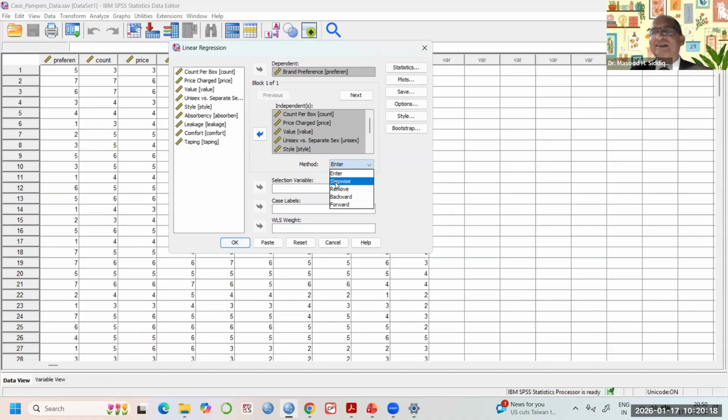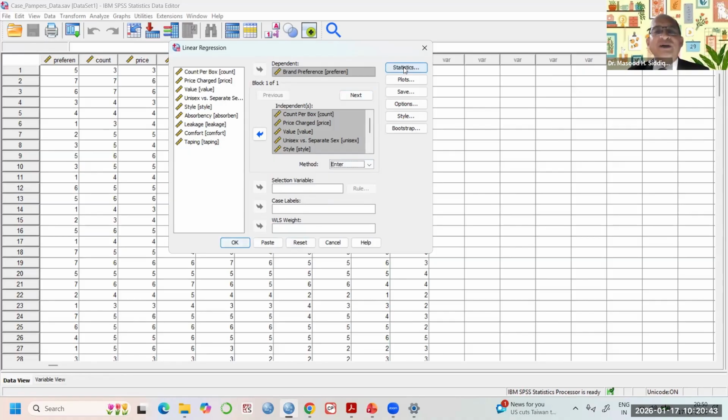Stepwise means we are entering certain variables in one go, certain other variables in another go, and so on. Remove is opposite to stepwise. But since we are discussing it for the first time, we are using the default method, that is the enter. Enter method means all features are being used in one go. Other methods we may discuss later on.